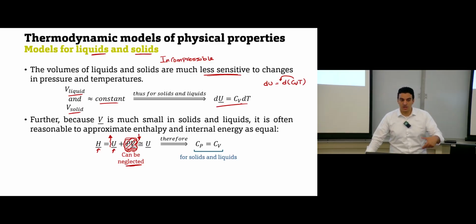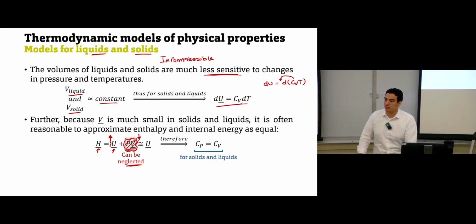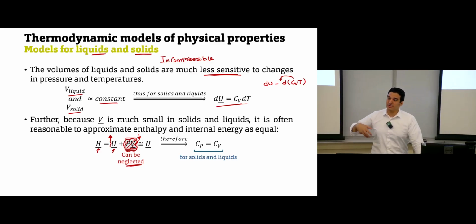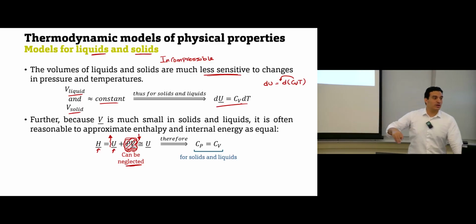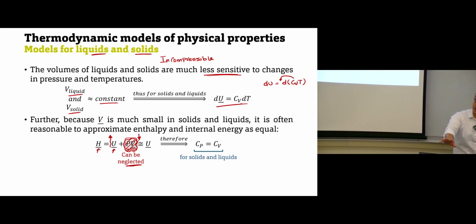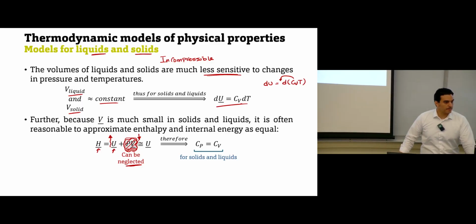Or in other words, Cp and Cv values will be the same. Is this clear? If I ask you to calculate the internal energy of a solid or liquid, you can calculate it. If I then ask you to calculate the enthalpy, don't make any further calculations. The internal energy value is the same as the enthalpy value for solids and liquids.